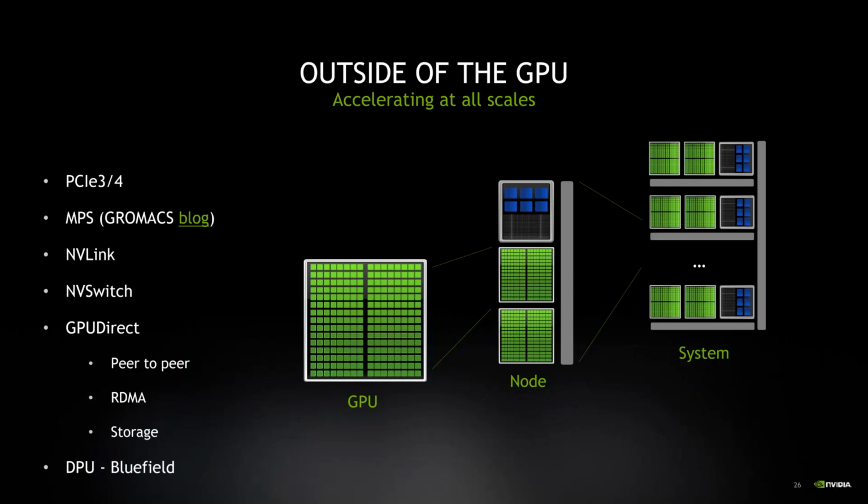The idea there is that we can perform operations on the data as it's moving through the system, for example. Also, we can offload some of the work that the CPU has to do, in terms of things like virtualization. We can have software-defined storage as well. So again, it's another tool for freeing up the CPU and the GPU to do what they're good at, and it takes care of the other things.